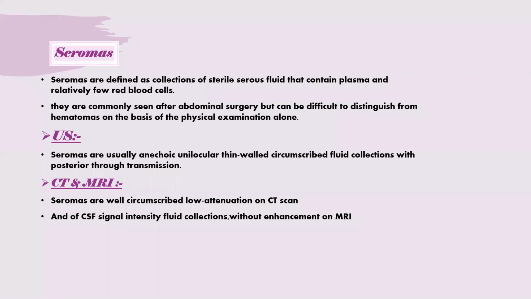By ultrasound, usually an anechoic unilocular thin-walled circumscribed fluid collection with posterior through transmission. CT and MRI show a well-circumscribed low attenuation fluid collection on CT, of CSF signal intensity, without enhancement on MRI.